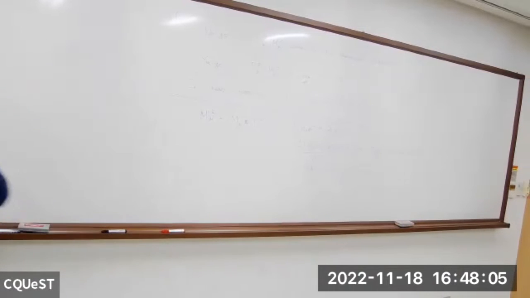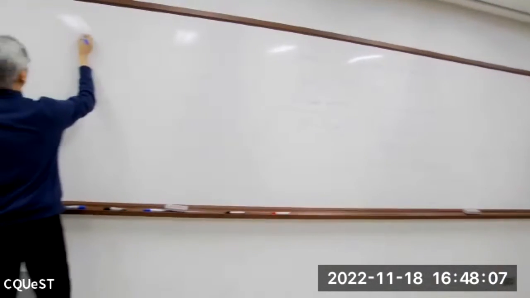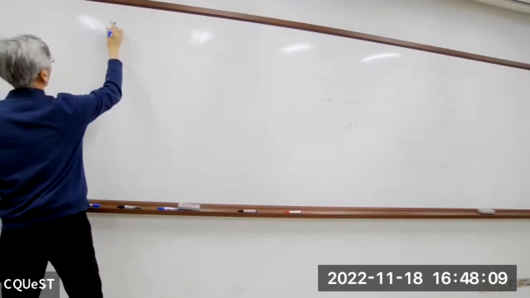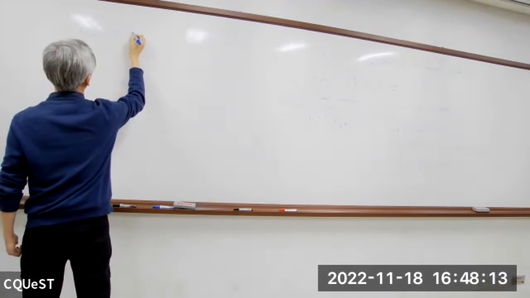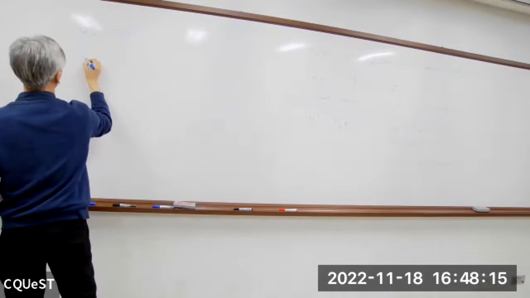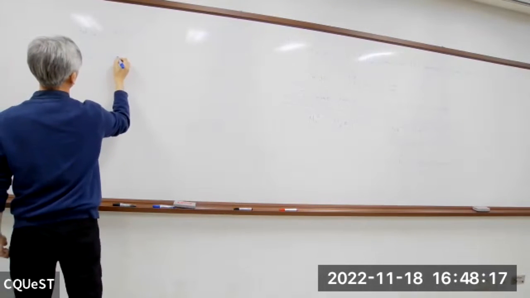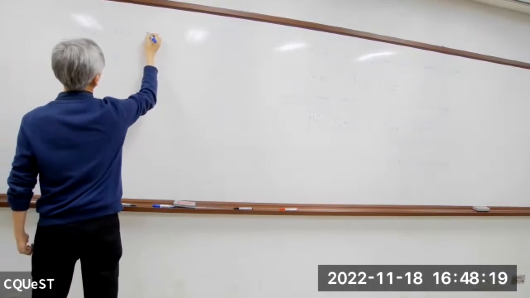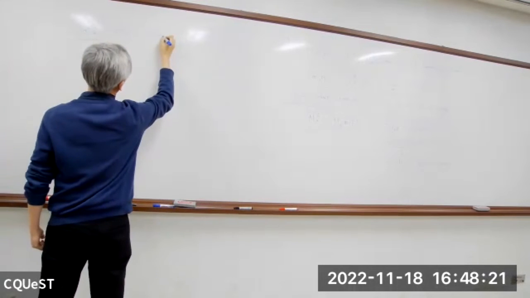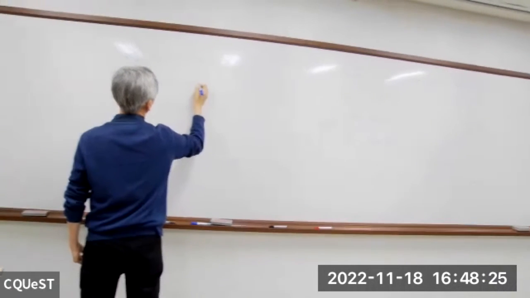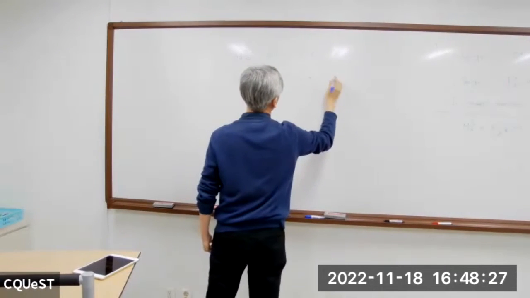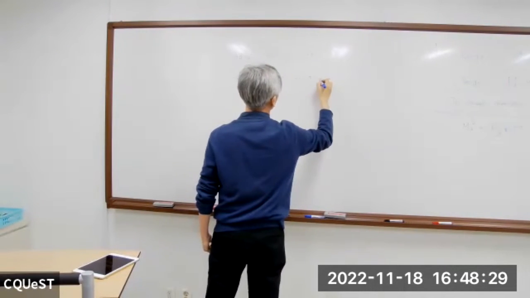In AdS2, we have the isometry SO(1,2), and in AdS3, the isometry group SO(2,2), which is SL(2,R) times SL(2,R) at the level of the algebra.